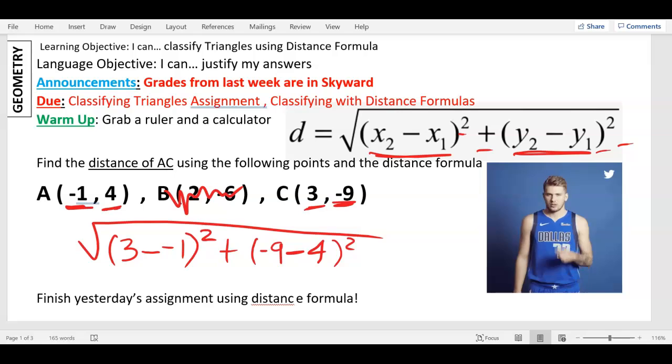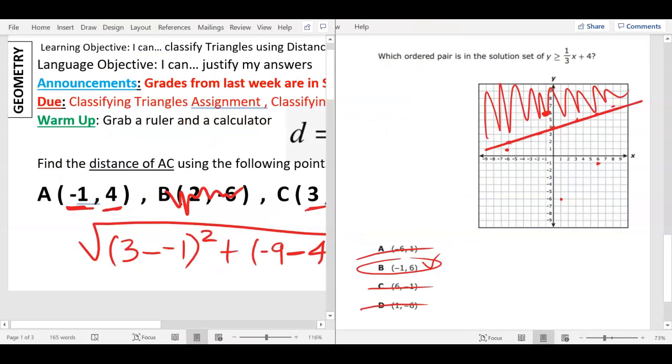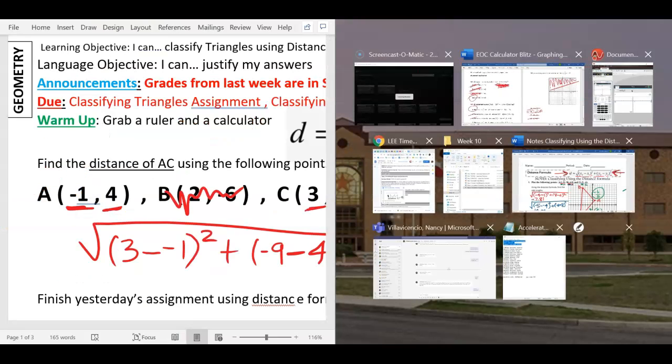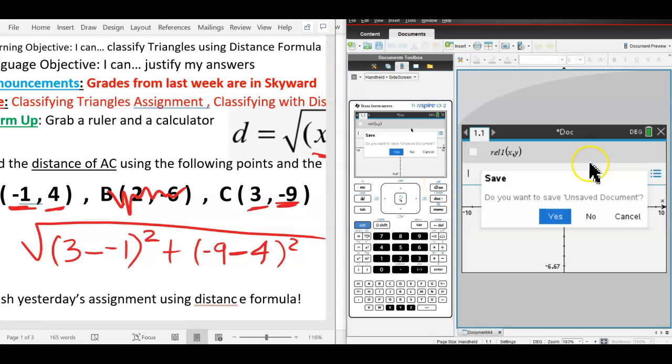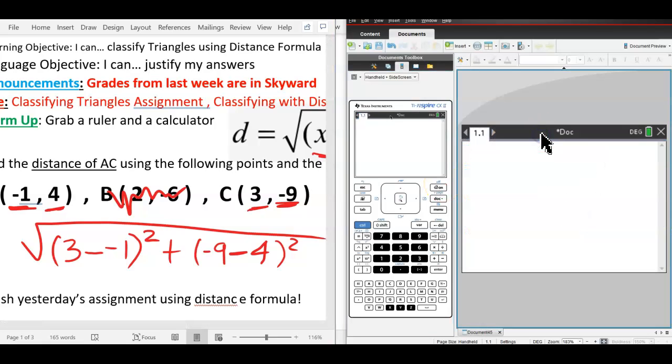Okay. Now, if you can write it correctly, then all you have to do is type it correctly. And let's go ahead and do that in our calculators. So I go to a new document, don't save, number 1. All right, and here we go. We're going to do square root, control x squared, okay?